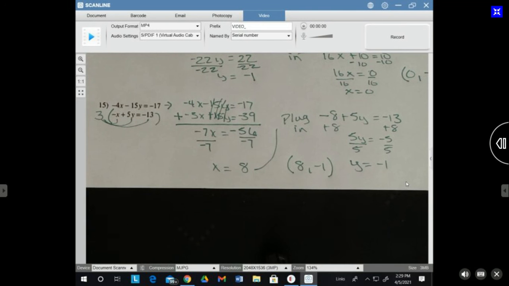Now the top problems, all you have to do is plug in. As long as the X does not repeat, right?